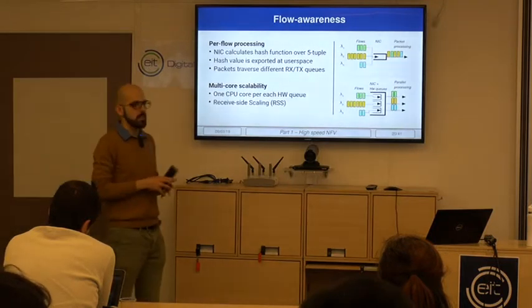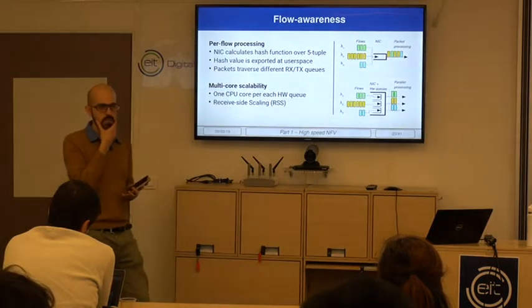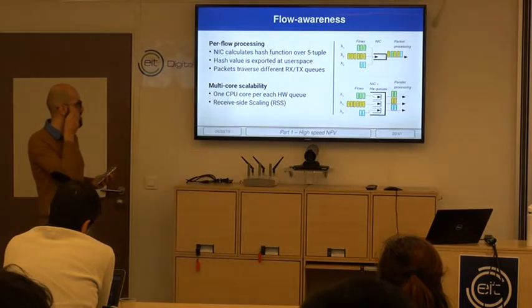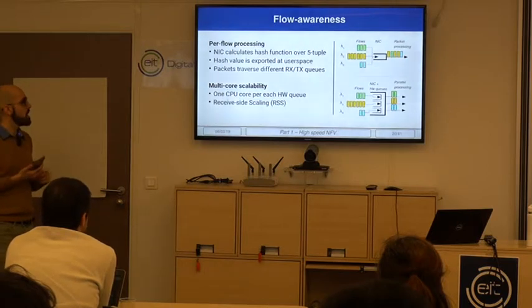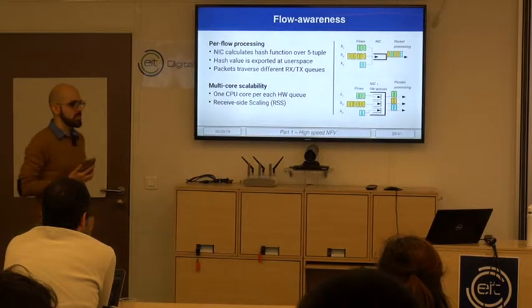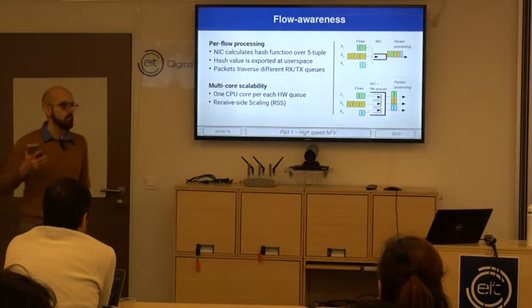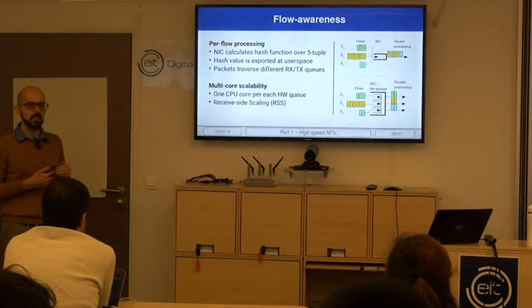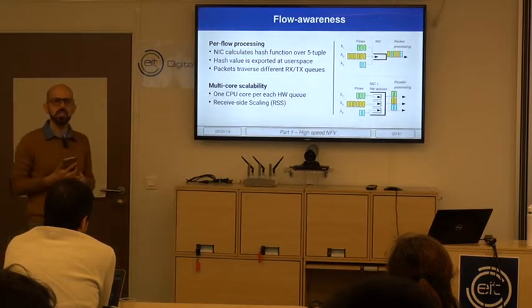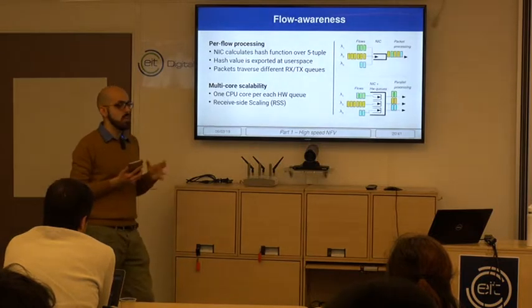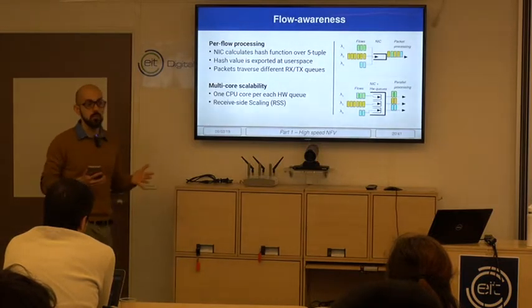So now, I talked a little bit about acceleration techniques. I will show here a sequence of what are the most important acceleration techniques for software routers. Our first technique is what is called flow awareness, in the sense that NICs provide already a mechanism to understand the different flows that are arriving at the network level. This is done using hardware queues, and each flow is identified by the 5-tuple.